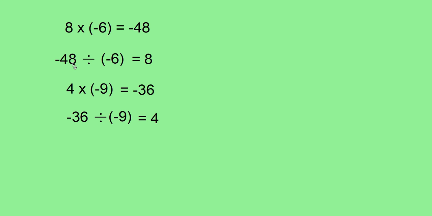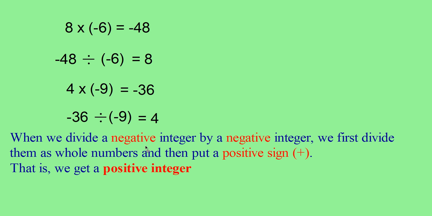Here, negative 48 divided by negative 6 is equal to 8. That means here you get a negative number divided by a negative number, the answer is positive. So, we can write, when we divide a negative integer by a negative integer, we first divide them as whole numbers and then put a positive sign. That is, we get a positive integer.